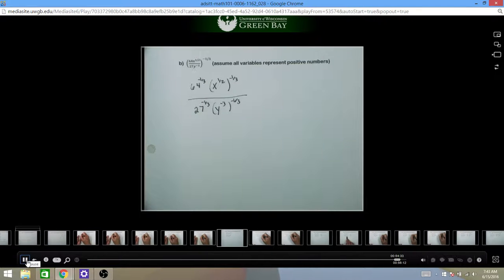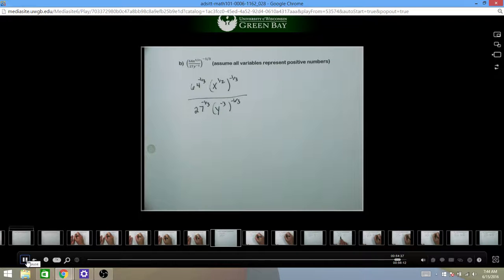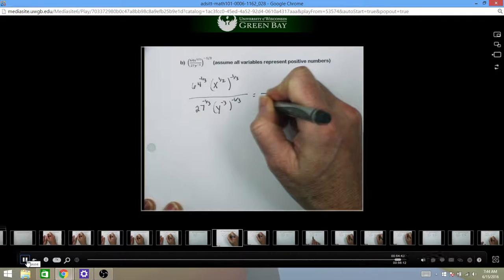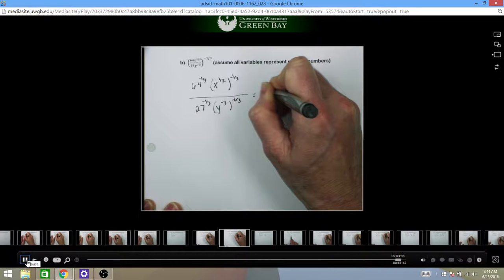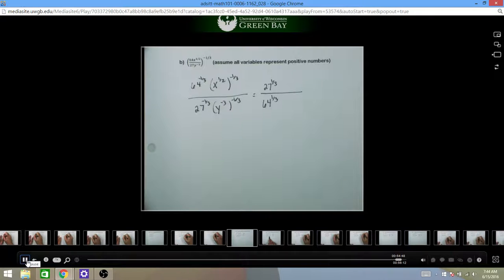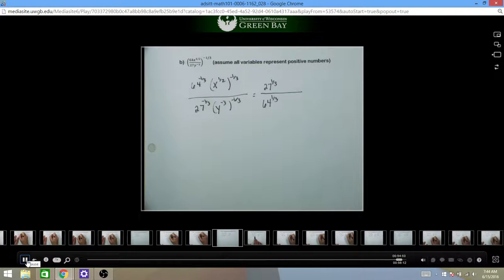So with the numbers, I'm going to switch them to the other sides of the fraction so they have positive exponents. So 64 to the positive 1/3 and 27 to the positive 1/3. You can do that with the variables as well if you want, but some of these are going to multiply away, right? Because here I can multiply the exponents.